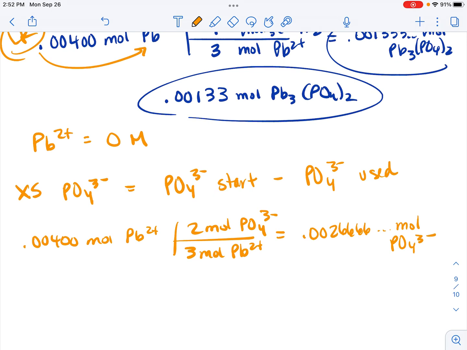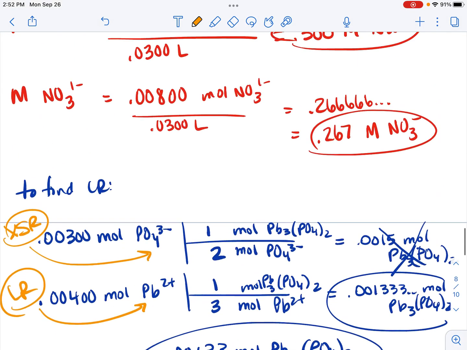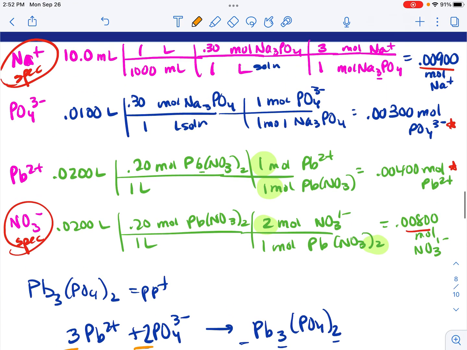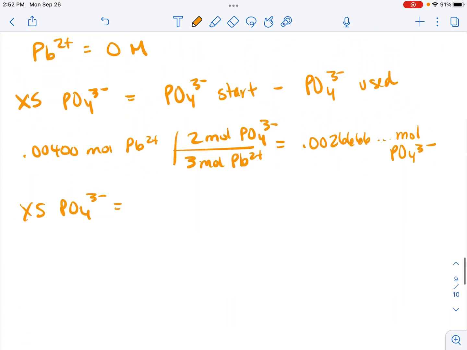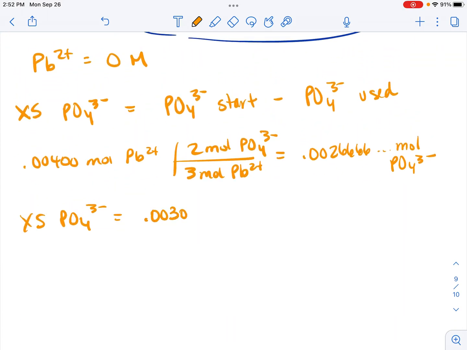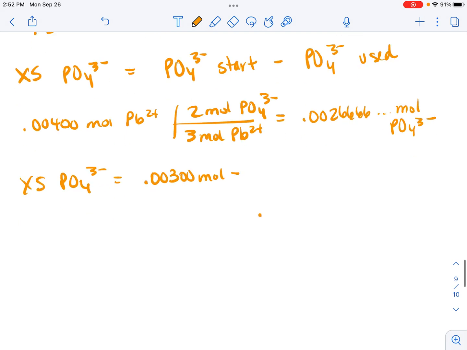Okay? The excess then will be the starting moles, which I know already, 0.00300 moles. So this would be my starting moles, 0.00300, minus my used moles, 0.0026666 repeating, which gives me a really small number, 0.000333 repeating moles of phosphate left. I have 3 significant figures.